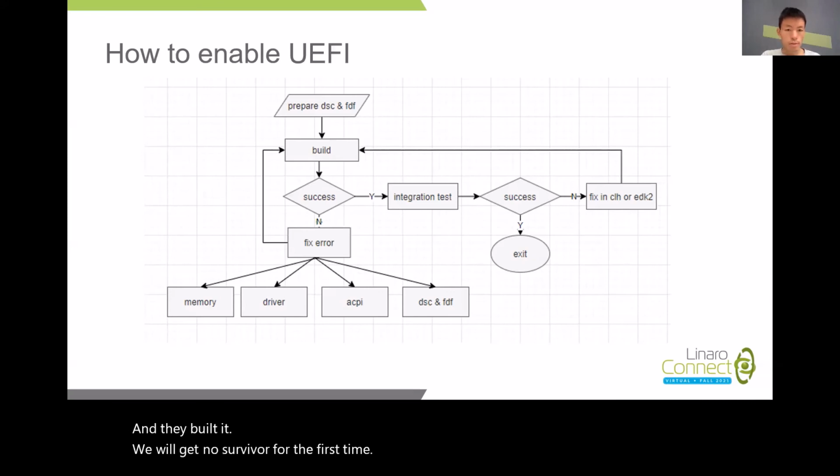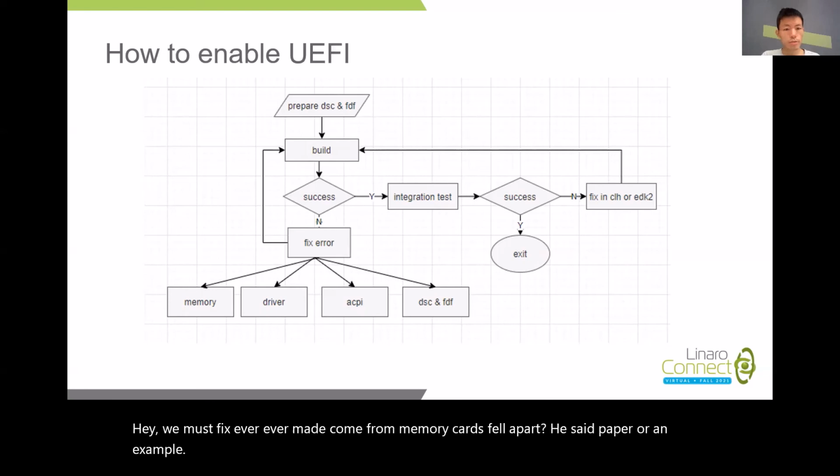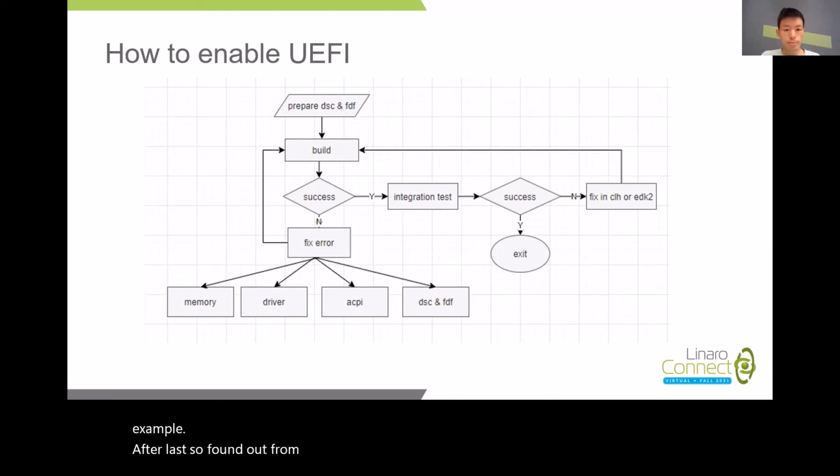Then we must fix the errors. The errors may come from the memory part, driver part, ACPI part, or the makefile part. After many rounds of fixing, we will successfully build the UEFI.